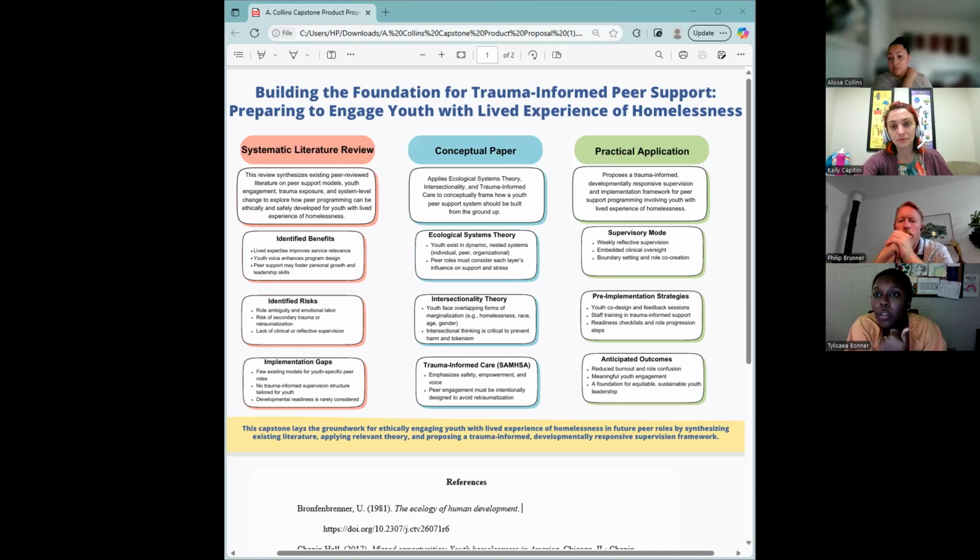But I know for larger cities that have HUD or different subsidized housing, you have to be on the street for 24 to 48 hours before they consider you homeless. So are you getting referrals from schools for seniors who have been unaccompanied and are considered that under the Department of Education, and then they can qualify for this program, or do they have to actually be on the street to qualify?